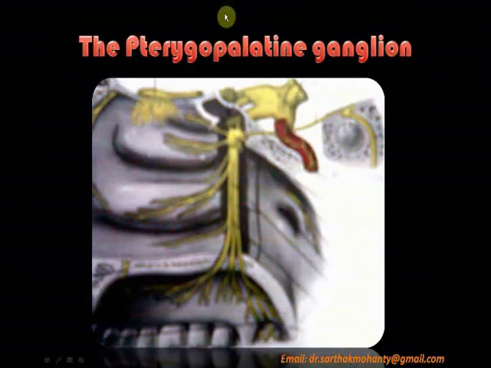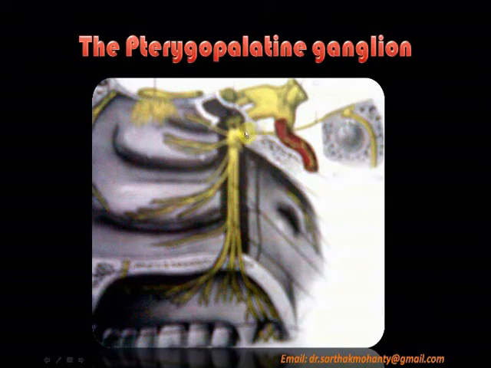So this is the pterygopalatine ganglion hanging from the maxillary nerve, but the maxillary nerve is just the structural component of the ganglion. The functional component is the facial nerve here. From here arises the greater petrosal nerve, and it joins the deep petrosal nerve arising from the sympathetic plexus around the internal carotid artery and forms the nerve of the pterygoid canal.